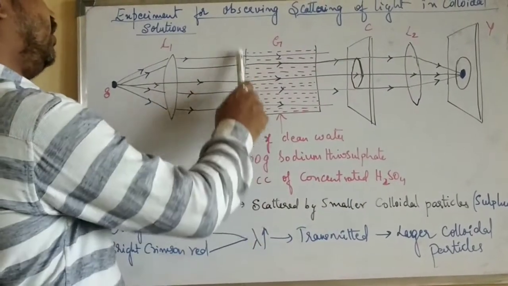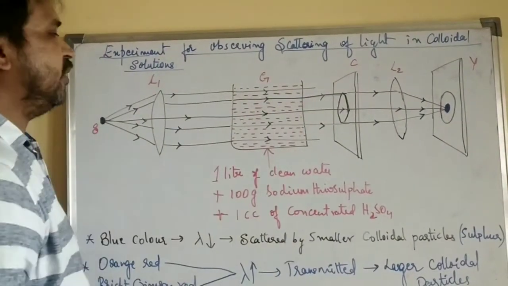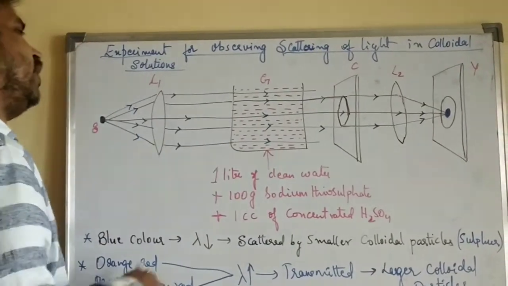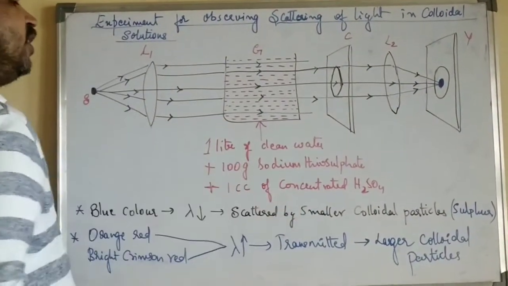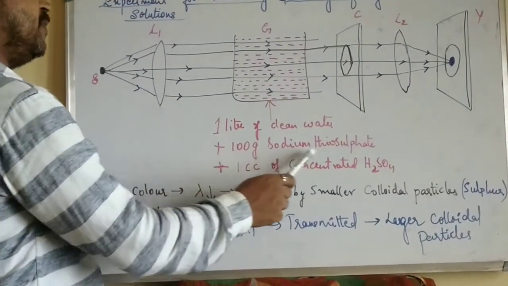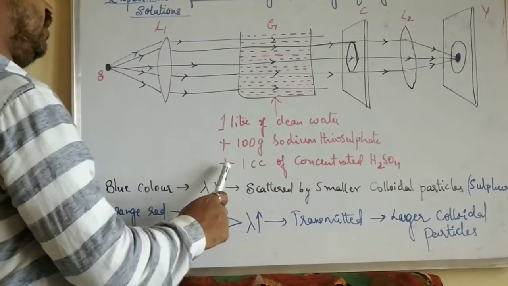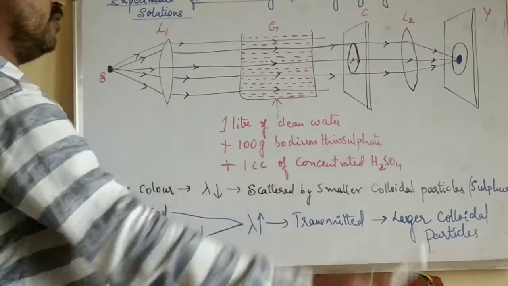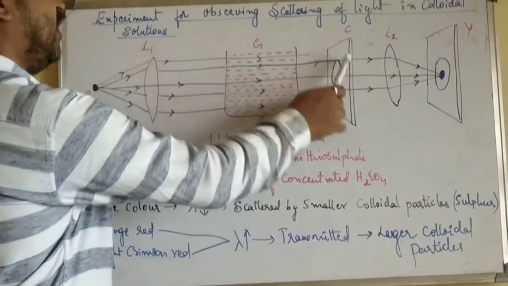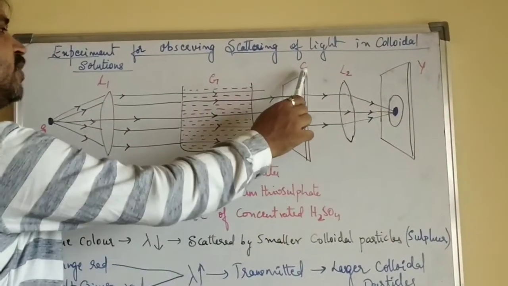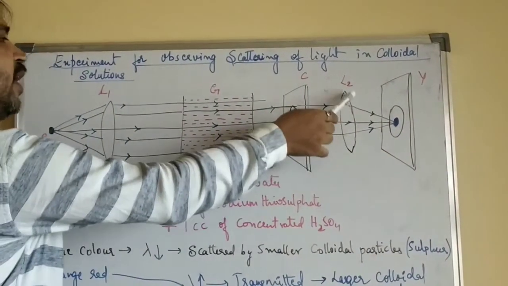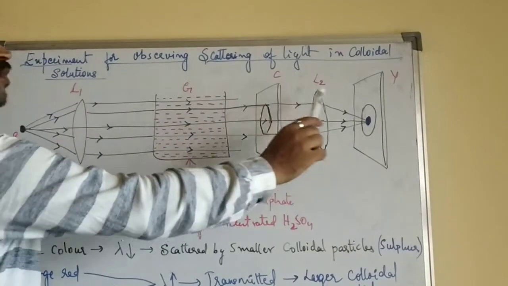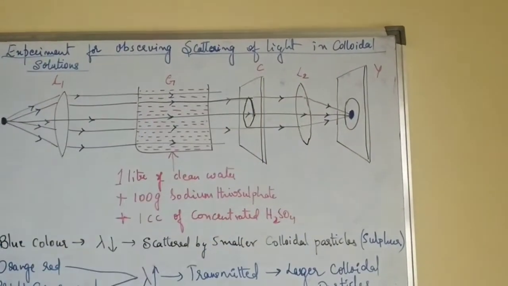I repeat, to this transparent tank, represented by G, we are adding 1 liter of clean water, 100 grams of sodium thiosulfate and 1 cubic centimeter of concentrated H2SO4. Then opposite to that you have a cardboard. C is the cardboard, which has a narrow hole. Next you have one more convex lens, L2. Finally you have the screen Y.